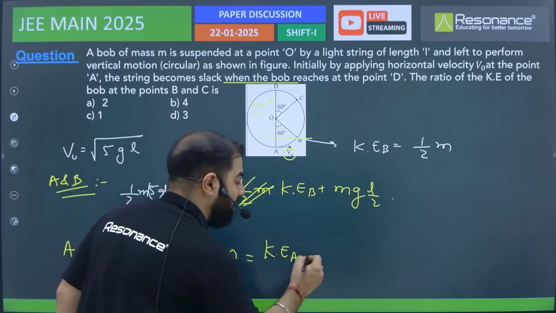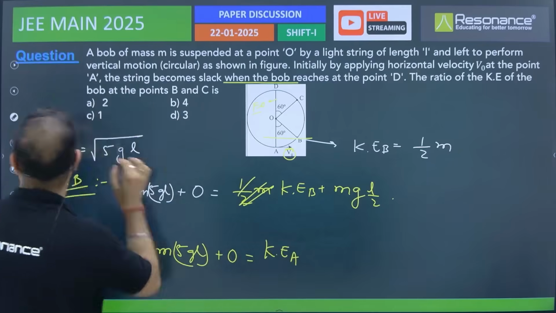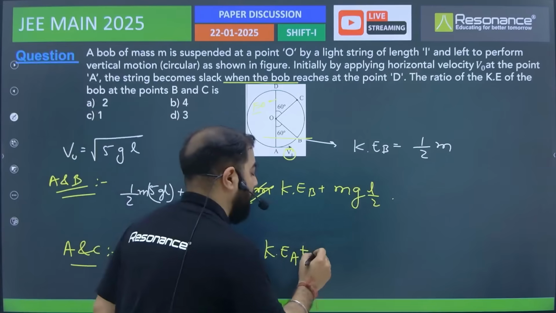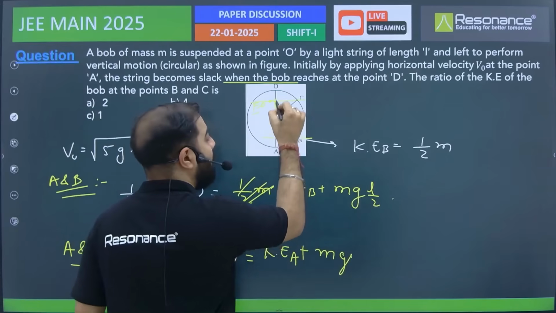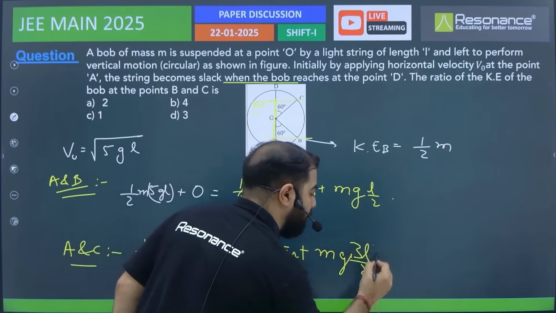at point C plus mg times the height, which is L by 2 plus L, so that's 3L by 2.